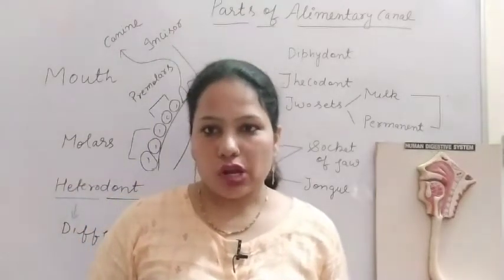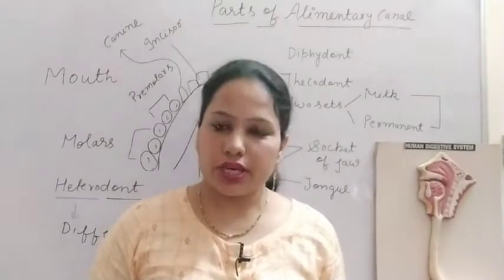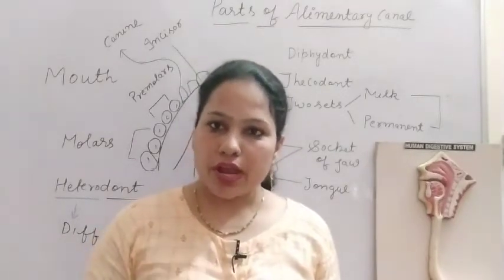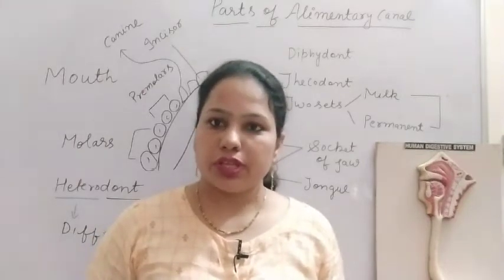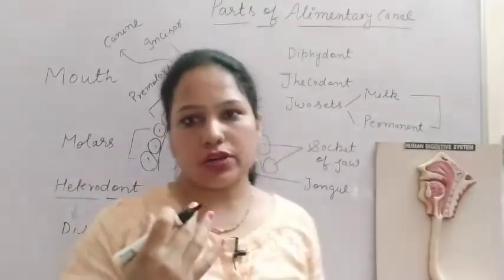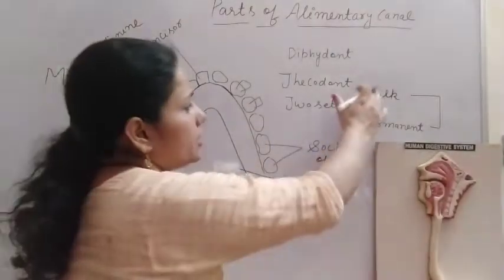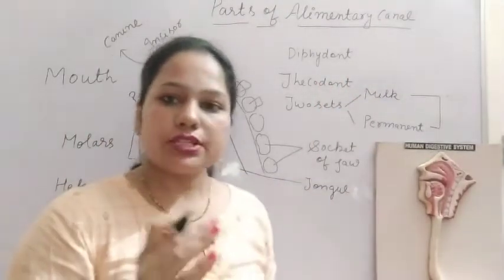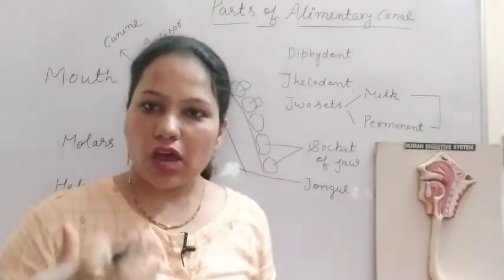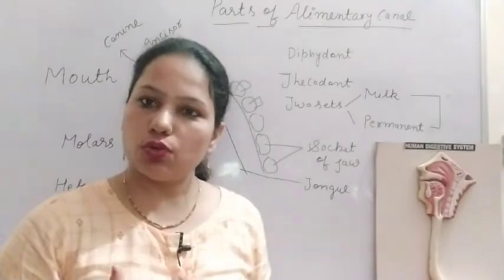You all have observed that the teeth in case of children and the teeth in case of adults are different. So in case of infants, after some time there is the arrival of teeth and those teeth are known as the milk teeth. These are also known as the deciduous teeth, means fall down teeth. ये जो teeth होते हैं थोड़े दिनों के बाद ये गिर जाते हैं, टूट जाते हैं.